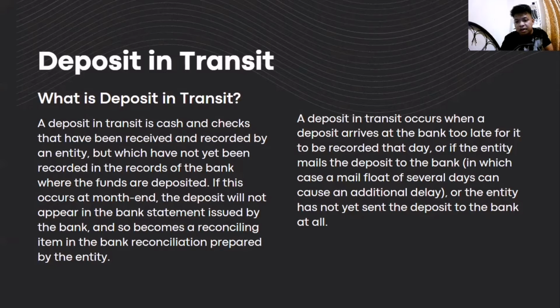A deposit in transit occurs when a deposit arrives at the bank too late for it to be recorded that day, or if the entity mails the deposit to the bank, in which case a mail float of several days can cause an additional delay, or the entity has not yet sent the deposit to the bank at all.